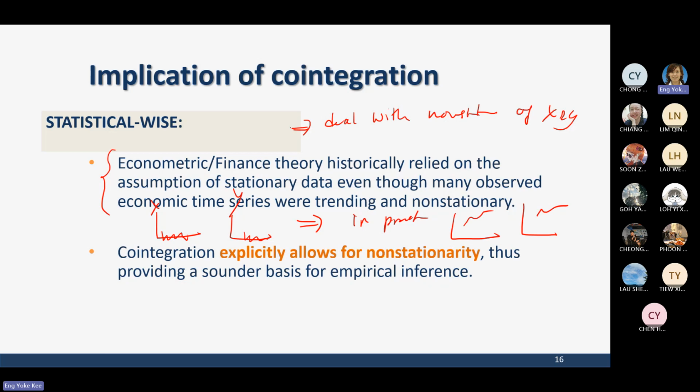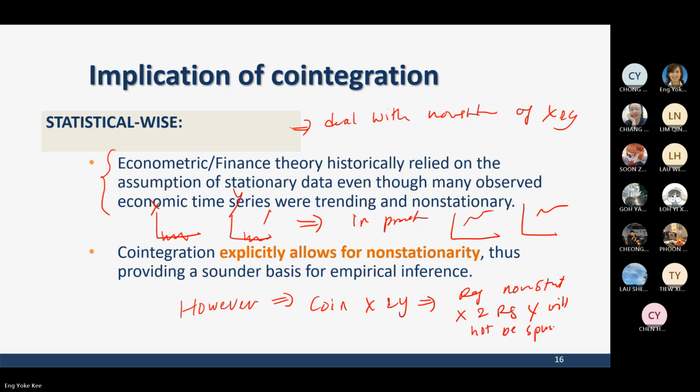So when you have non-stationary series, finding a long-run relationship is very challenging because of the possibility of spurious regression problem. Okay, however, if you see there is a co-integration between X and Y, regressing non-stationary Y on X will not be spurious, because there is a general relationship.